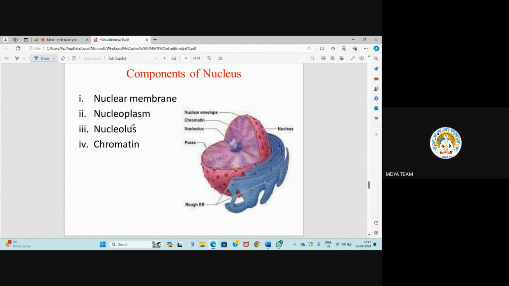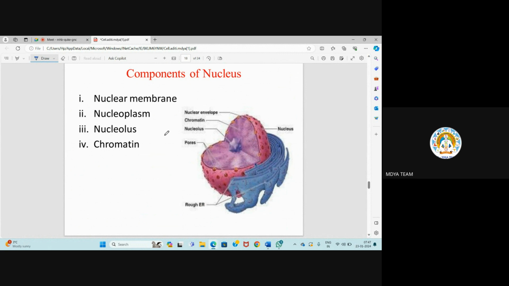So the four main components of a nucleus are nuclear membrane, nucleoplasm, nucleolus, and chromatin. So these are the four parts inside nucleus, or these are the four parts of nucleus.